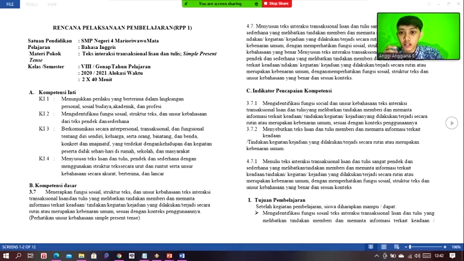Okay, so this is the example of a lesson plan or RPP. Here we can see again the identity. There is a name of the school, a subject, the materials, then class and semester. After that there is the core competence, and then the basic competence, same as in the syllabus, and there is an indicator.